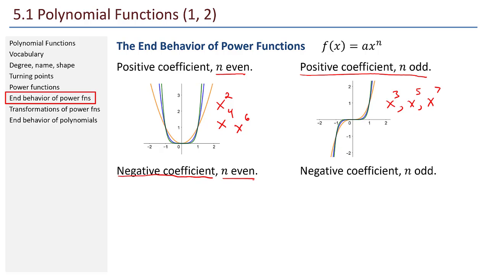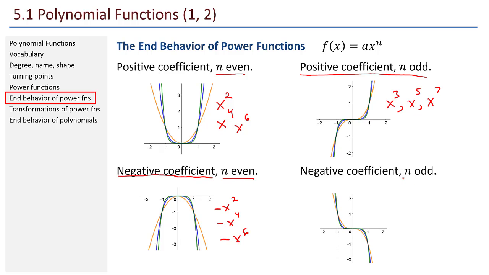Again, with n being even, so negative x squared, negative x to the 4, negative x to the 6, those look like the U shape, but now flipped over. Negative x squared is the orange, negative x to the 4 is blue, negative x to the 6 is green. Negative coefficients with n odd, it's like the picture above, but just flipped vertically. And these are the functions negative x cubed, negative x to the 5th, and negative x to the 7th.